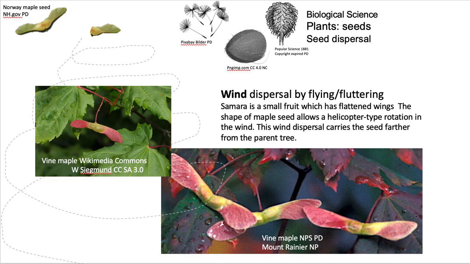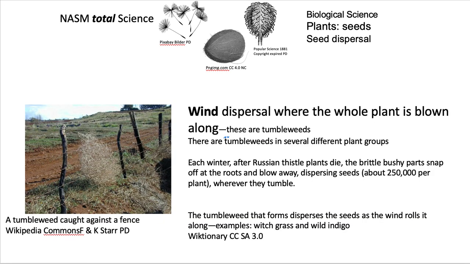And we have, by flying helicopter type movement, rotation of maple seeds away from the parent plant. And then the whole plant is blown along with tumbleweeds, and each year the stem will wither and the whole plant will be blown along.